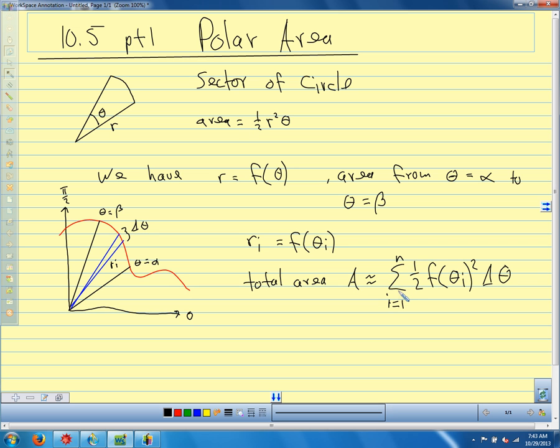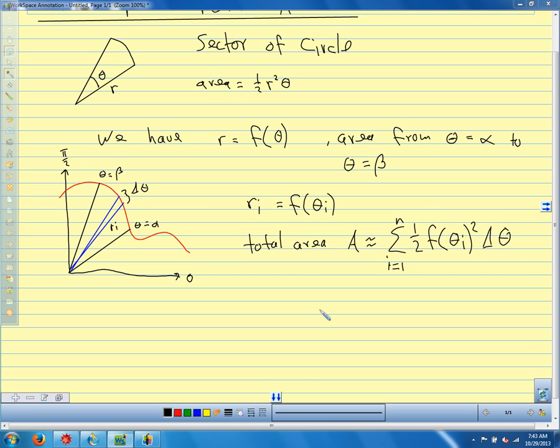Delta theta gets smaller and smaller, and then this sum becomes an integral, one of our favorite things. So our area in the limit, I'm going to write, our area is 1/2 the integral from alpha to beta of f of theta squared d theta.